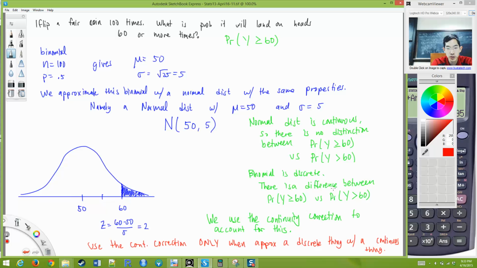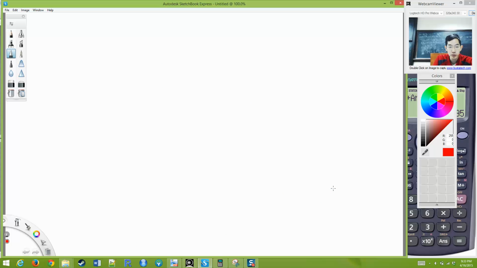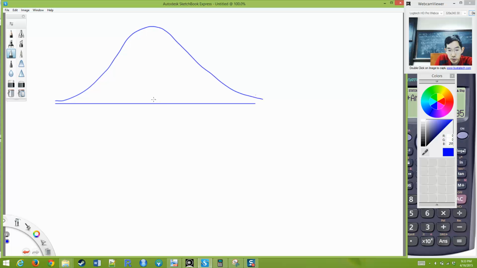So what is this continuity correction? Okay, well, imagine we have this normal distribution centered at 50, and then we're going out to 60, and imagine the underlying binomial distribution with a bar like that, okay?